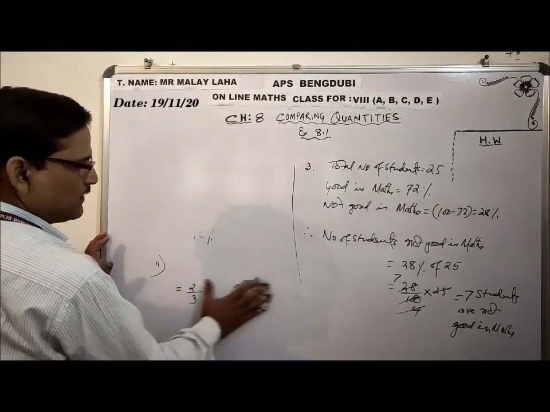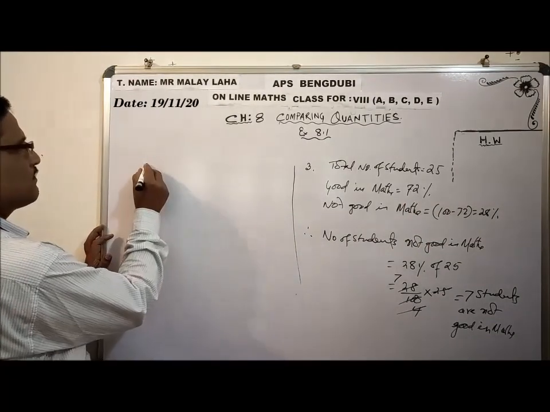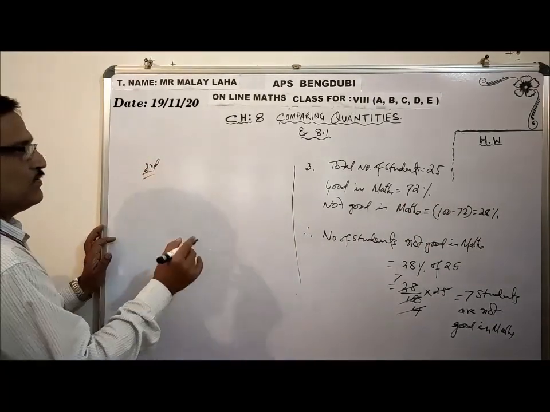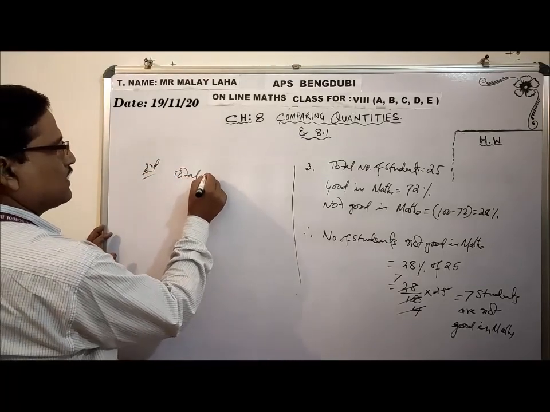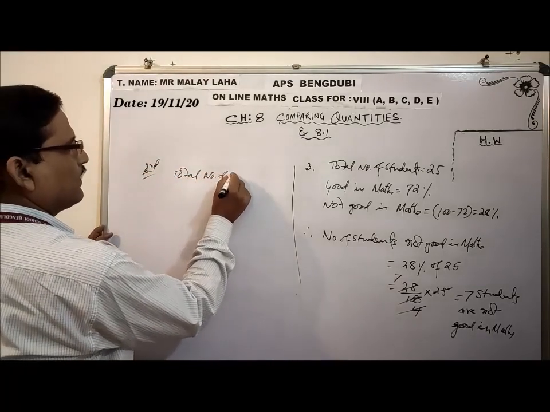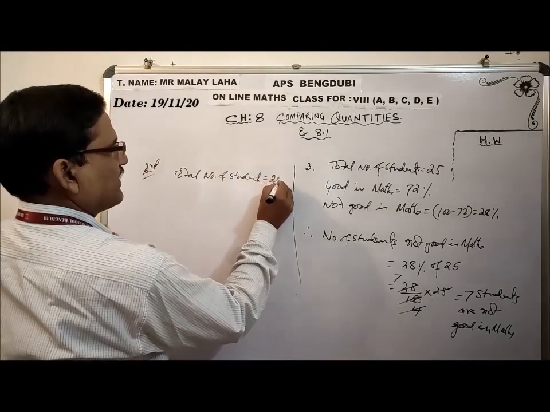You see, just the second method. Second method, how can you find out? Total number of students is equal to 25.